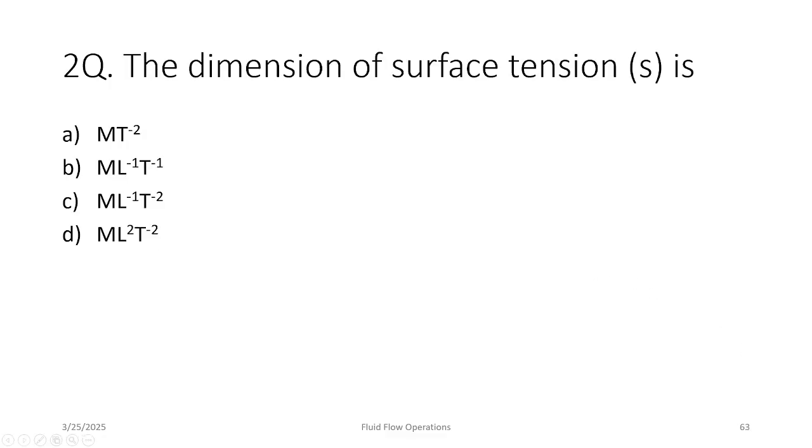Coming to second question, the dimensions of surface tension is: M T power minus 2, M L power minus 1 T power minus 1, M L power minus 1 T power minus 2, M L squared T power minus 2. So what are the dimensions of surface tension?